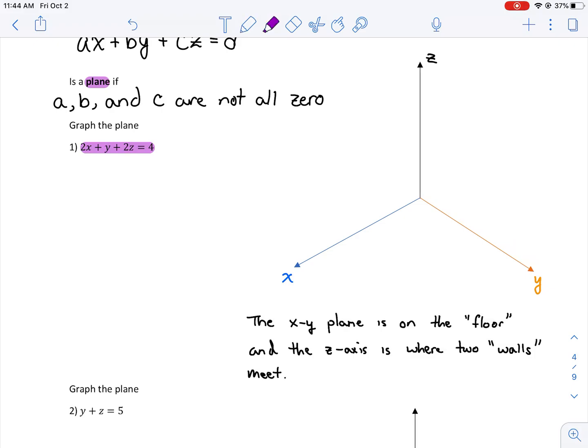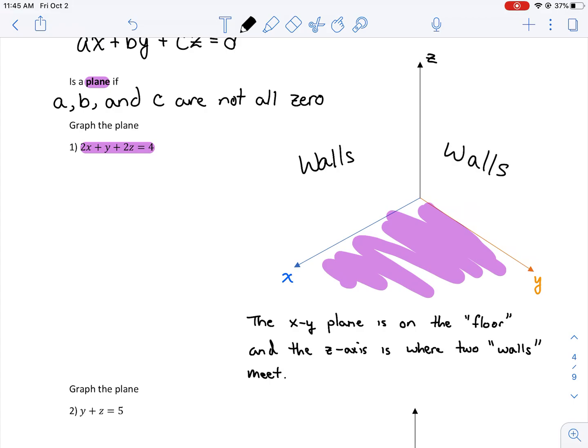So this area right here is the floor, and then you have your two walls. So what we're going to do is we're going to graph this plane in this little area right here.